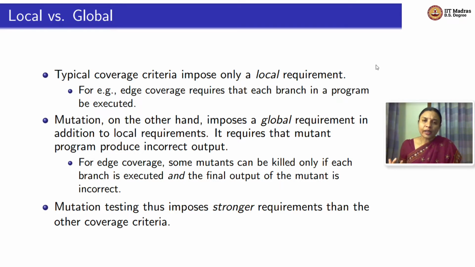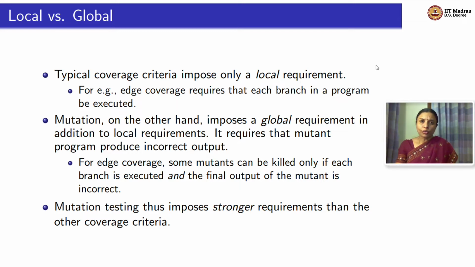Mutation testing, on the other hand, especially strongly killing mutation testing, says mutate a program and write a test case such that the output of the original program, the ground string, is different from the output of the mutant. So its flavor is different.